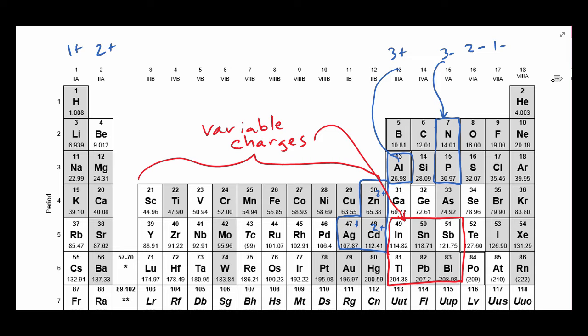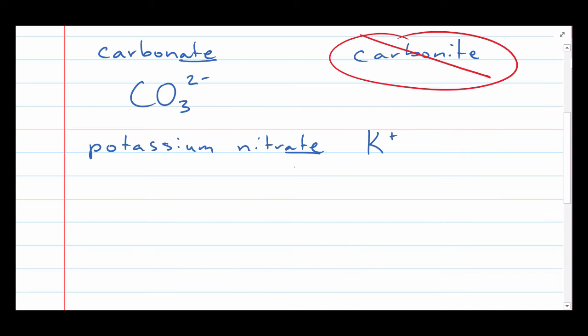It always has a 1 plus charge. Nitrate tells us that it has which element in it for sure? Nitrogen. What does the ATE tell us is also there? Oxygen. So that means it's a memorized ion. Its formula is NO3 with a 1 negative charge.